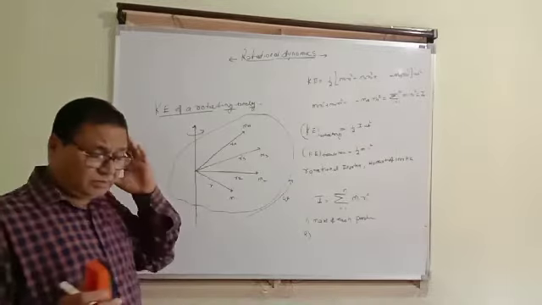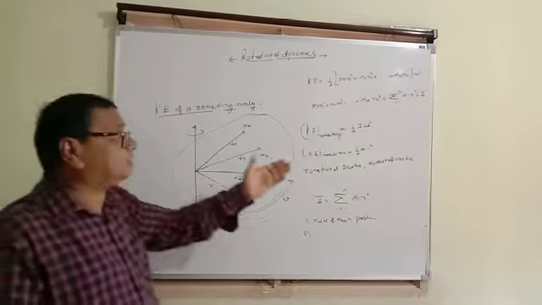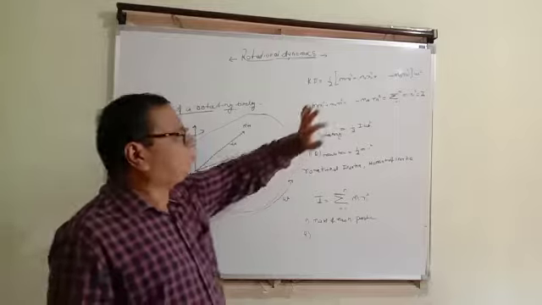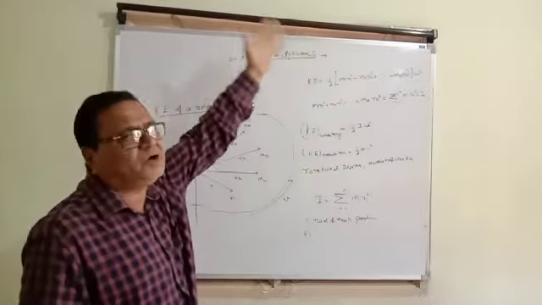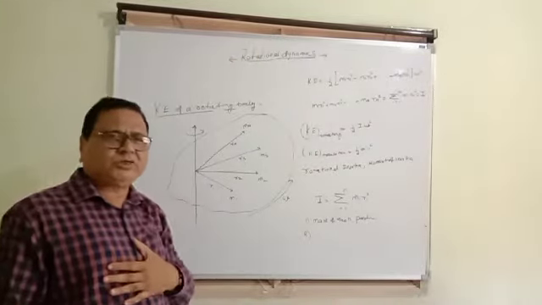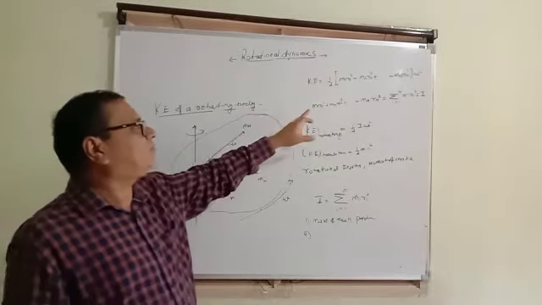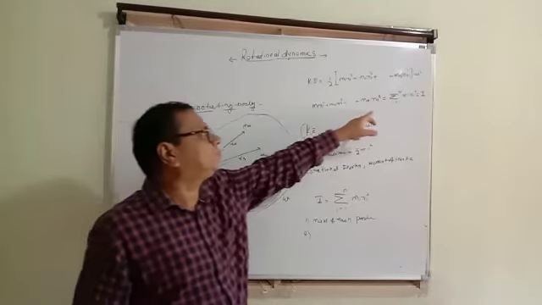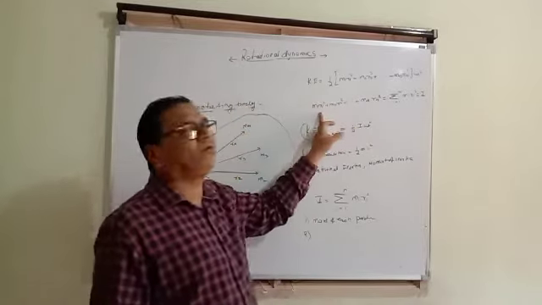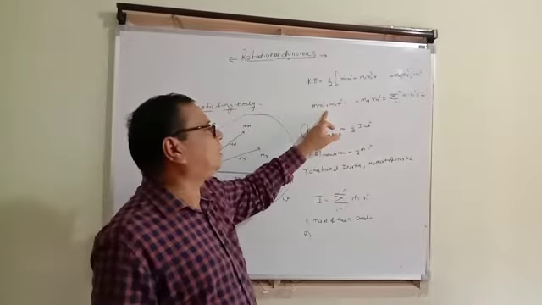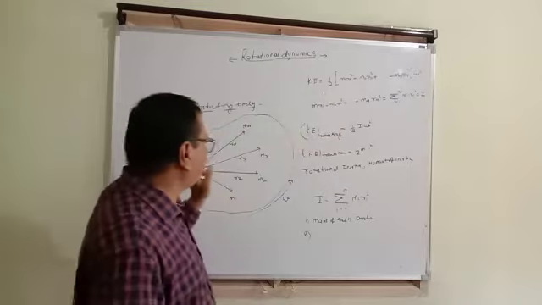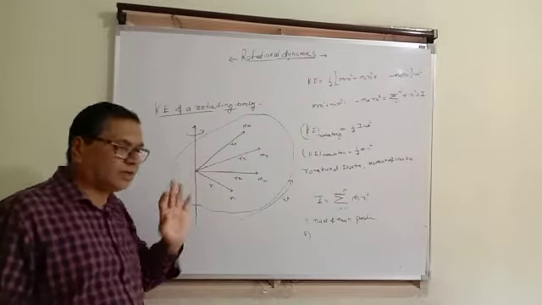Moment of inertia, in the last syllabus we used to define like this: moment of inertia of a rigid body about the given axis of rotation is defined as the sum of the product of mass of each particle and the square of the distance between the axis of rotation and the position of the particle.